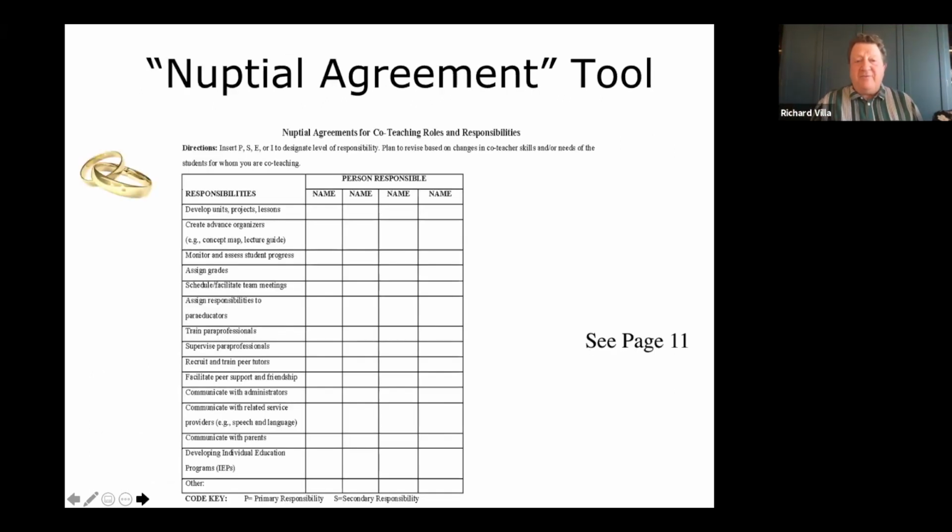Okay, so after you've had that prenuptial conversation, it's time to develop your nuptial agreement. So on page 11, you have the nuptial agreement or the co-teaching role and responsibility matrix. So the way this works is that the co-teachers come together and say, okay, what are the responsibilities that need to be met for this group of children that we share?